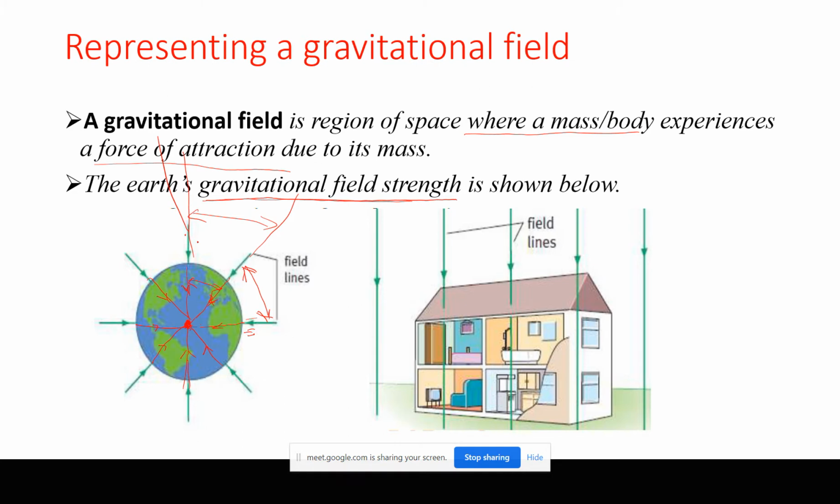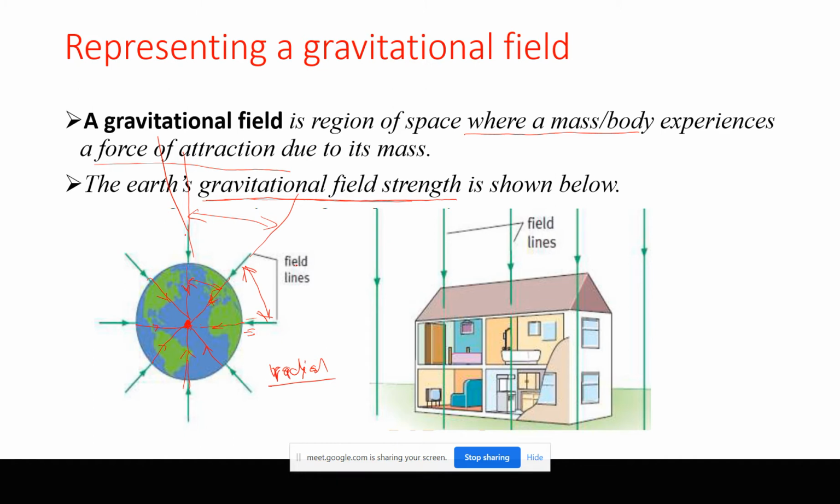Now, these field lines are said to be radial. The Earth's gravitational field is radial. What does that mean? It's like the field lines are terminating, or appear to be terminating, towards the center of the Earth. I don't want to say the field lines originate from the center.